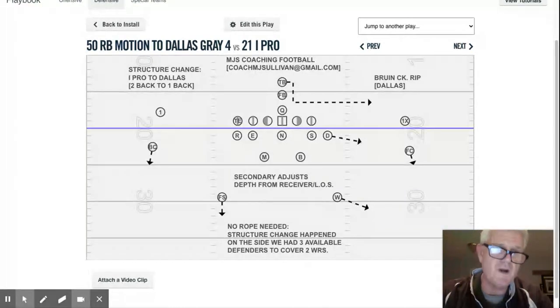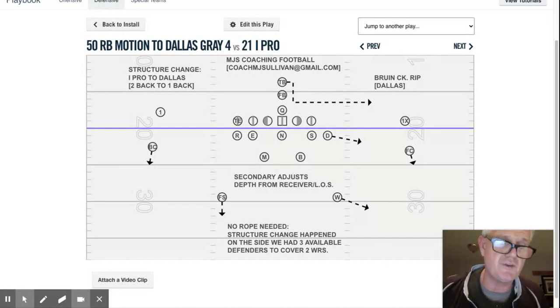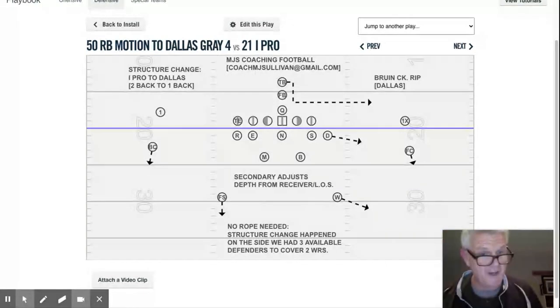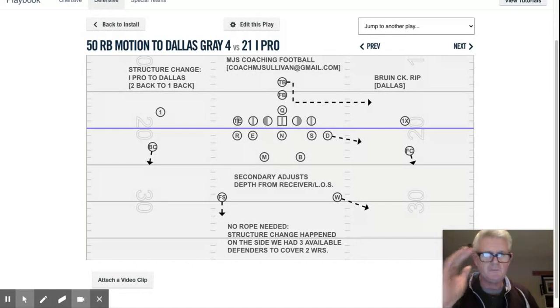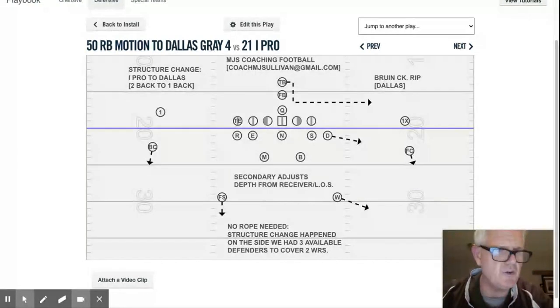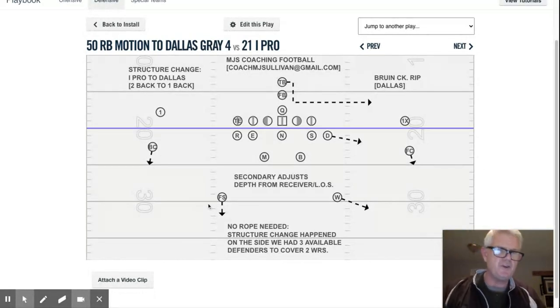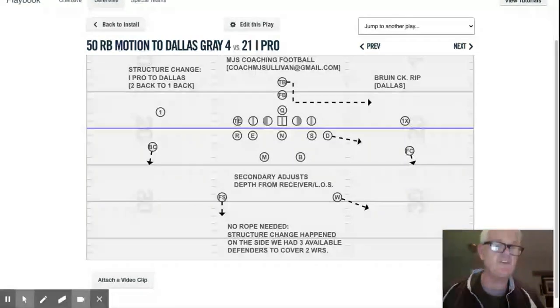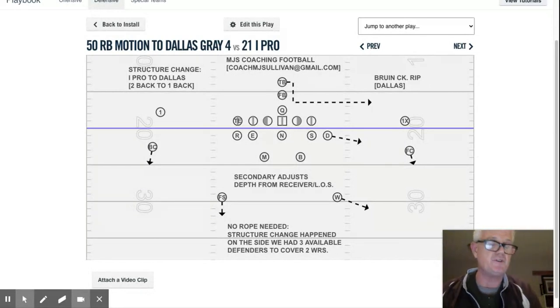We're a +1 defense, which means on the perimeter we have one more defender than you have receivers, both in the run game and the pass game. So it doesn't necessitate a rope. The reason you see the secondary moving back is because in the two back set they're closer to the line of scrimmage, which is another lecture.